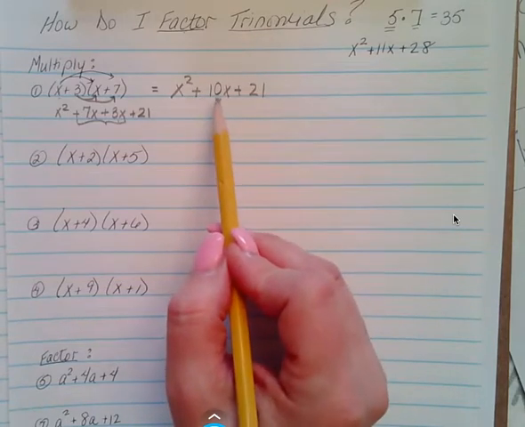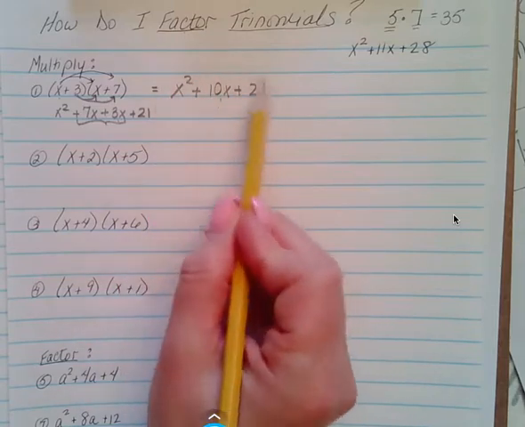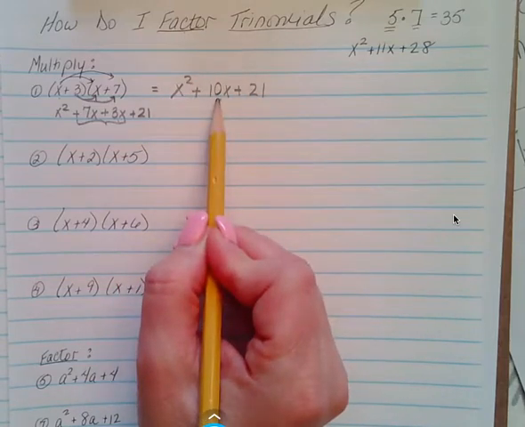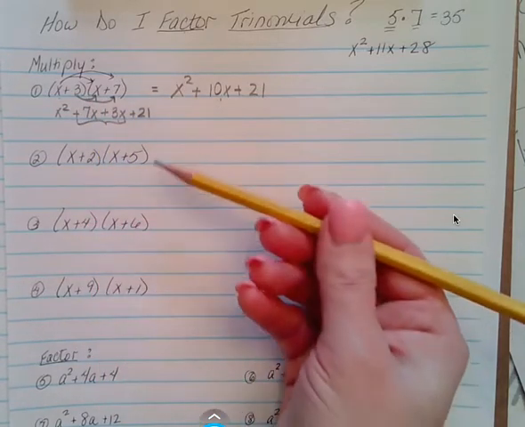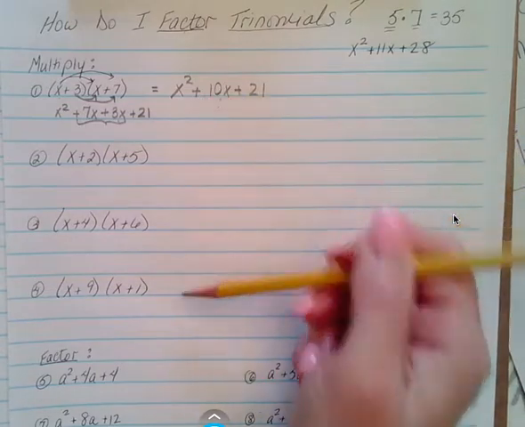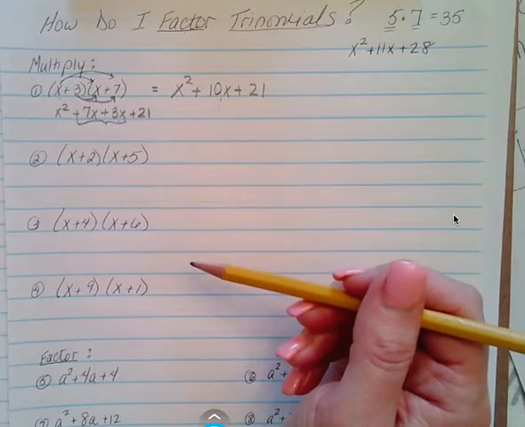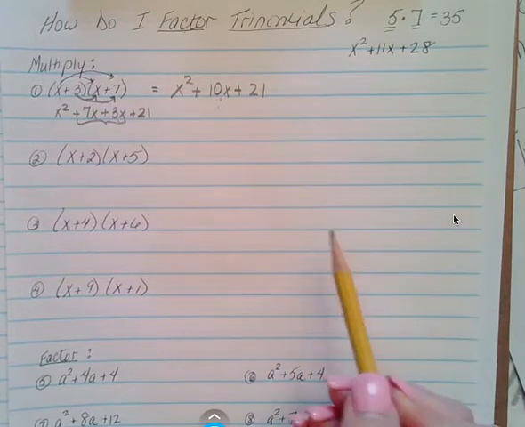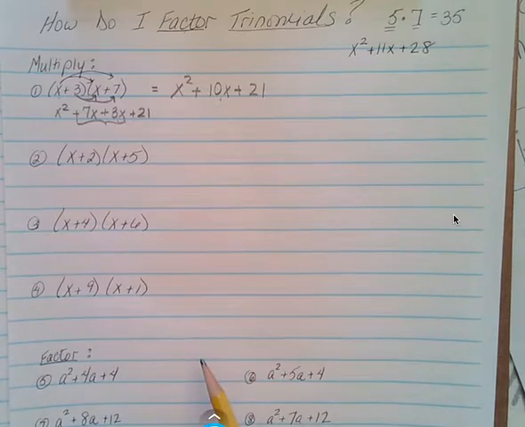And what we are going to do is try to figure out, if we're given this trinomial, how can I get back to these factors? Well, we're going to do several examples, and we're going to look for patterns in all of the examples to come up with some method, some way to do this. So right now, if you could pause your screen and quickly multiply out these next 3, and I'll do them really quickly now.